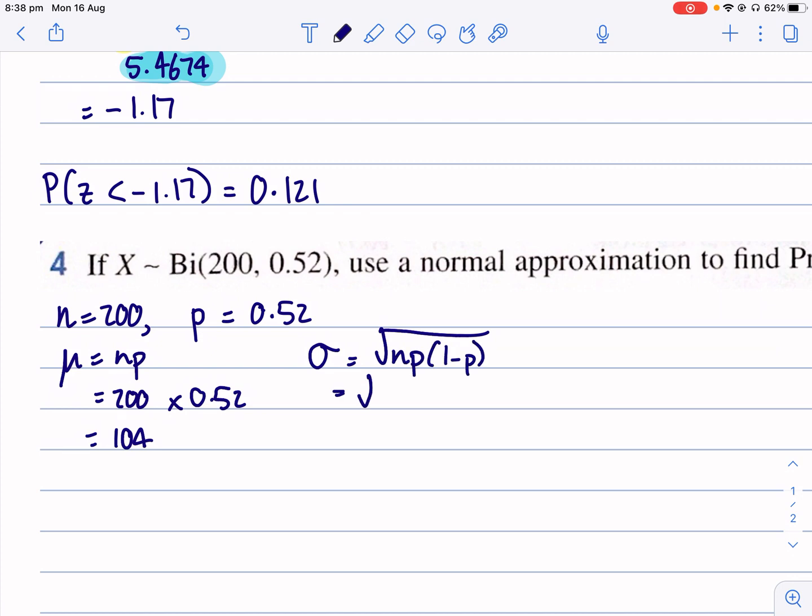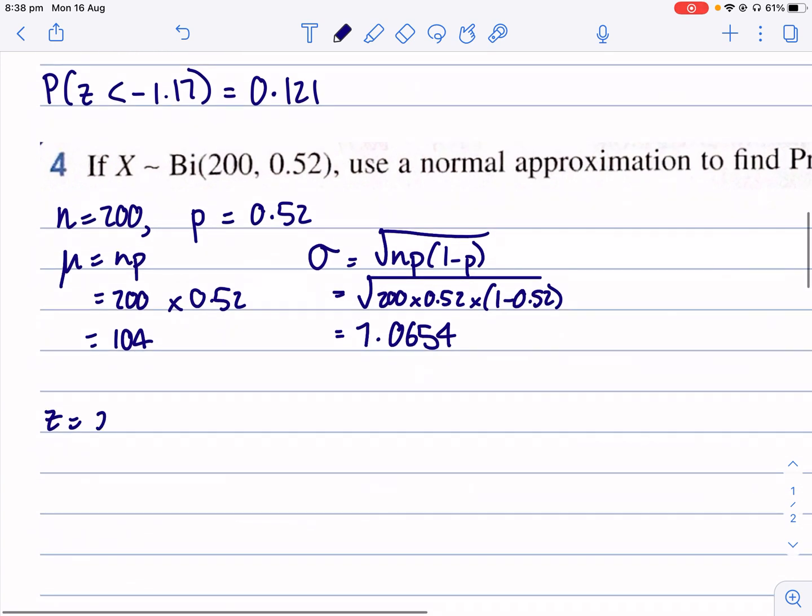So we've got the square root of 200 times 0.52 times 1 take 0.52, which gives us 7.0654.